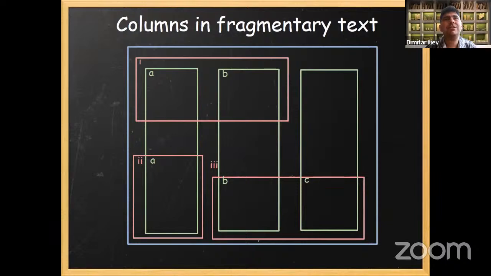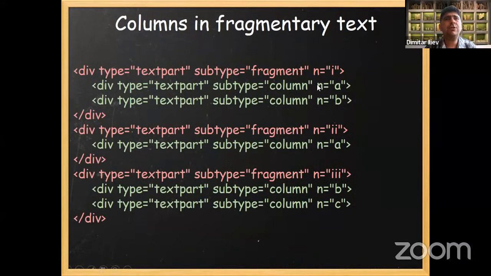Columns in fragmentary text: you have here again one fragment which contains elements of both column A and B, a second fragment which contains elements in almost only column A, and a third fragment which contains elements in columns B and C. So what we do, we switch the daughter and the parent element, and you say, well, the first text part is the fragment, and it contains fragments from columns A and B. The second fragment contains elements only from column A, and the third fragment, as we can see, contains elements of columns B and C.